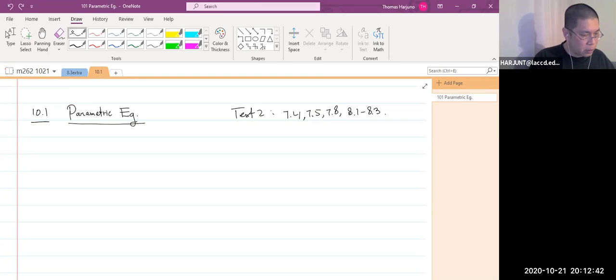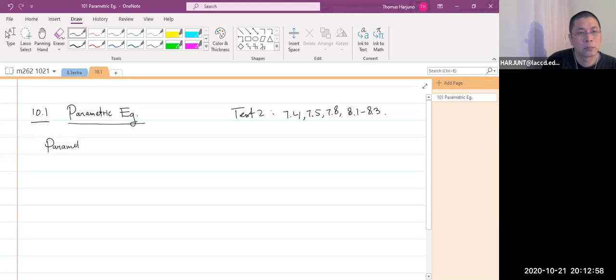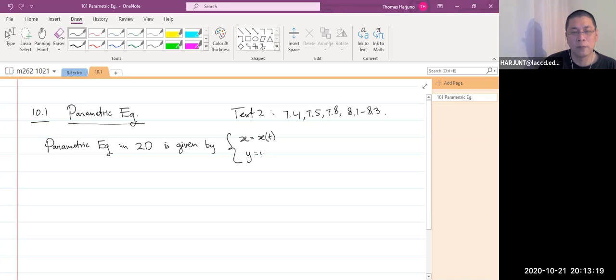Chapter 10, parametric equation. 10.1 parametric equation. Parametric equation in 2 dimensions is given by x as a function of t, y as a function of t.